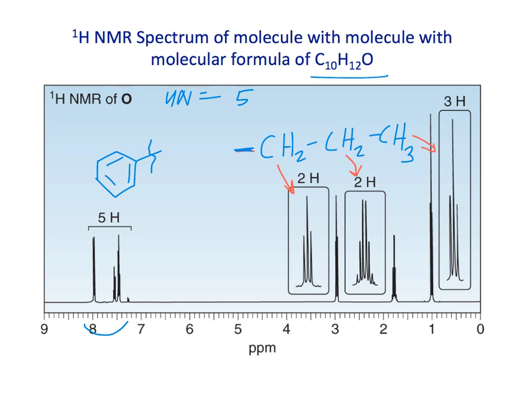But because that left CH2 can't be attached to anything with hydrogens on the left side, you would know that would have to be attached to the oxygen, right? If we only had the spectrum, we could say, oh, maybe that propyl group can just be attached directly to the benzene ring. Because the CH2 wouldn't couple to anything on the benzene ring, it's coupling to that quaternary carbon there.